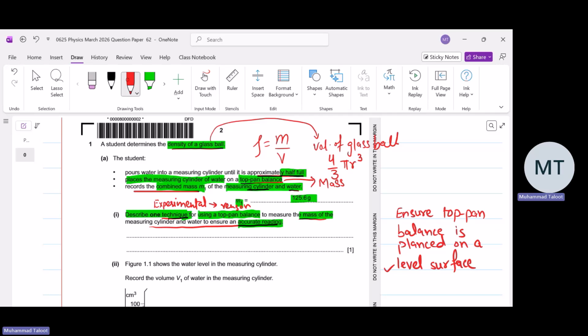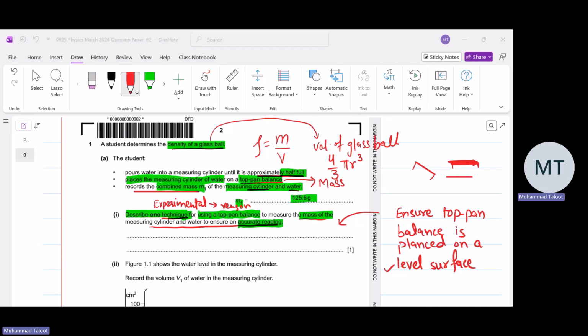For example, it should not be like this. Oh my goodness. The top pan balance should not be like this. It is very bad. This is inclined. It should be smooth like this. It means a properly leveled horizontal surface should be there, not a little bit slopy surface like this. It should be level. So this point we will be writing here.